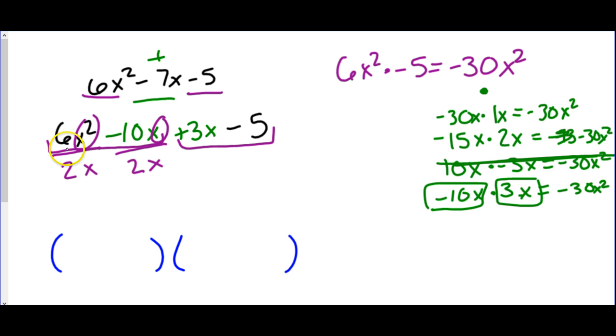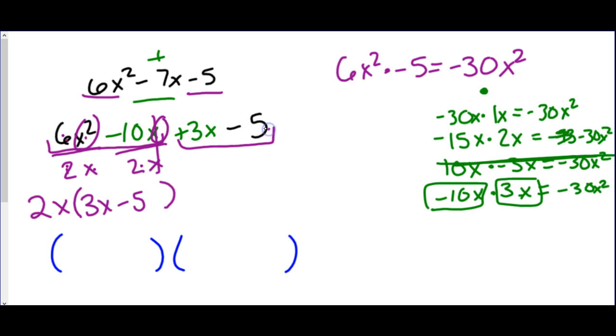Now when we're doing this greatest common factor, the greatest common factor goes in front of just one set of parentheses, and then we put in the parentheses what we get when we actually do the division between these things. 6 divided by 2 is 3, x squared divided by x is just x. Over here, 10 divided by 2 is 5, x divided by x cancels.